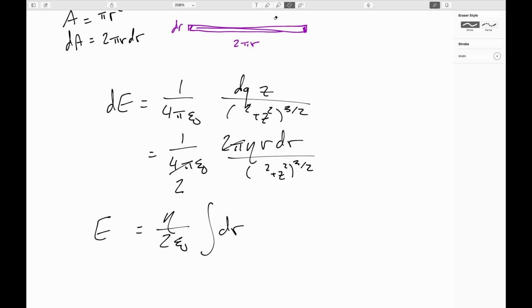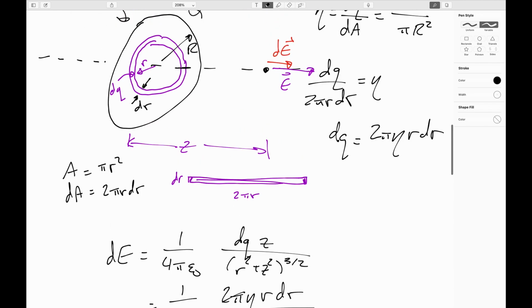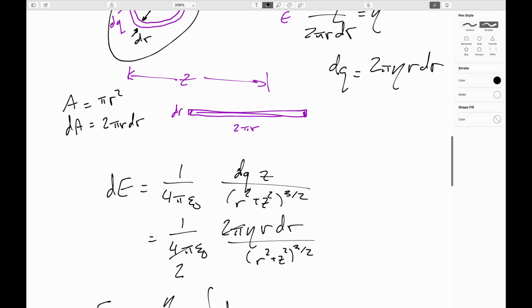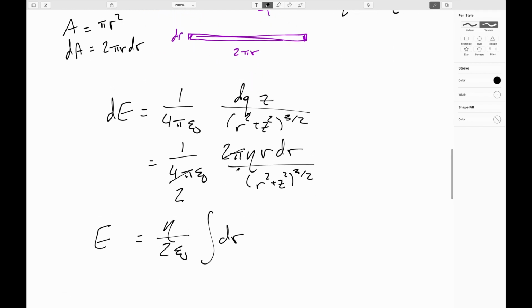My apologies. And the reason this should be a little r is because it's the radius of the current ring we are integrating. There we go. So we are integrating with respect to r, r over r squared plus z squared to the 3/2 power. And our limits of integration will be 0 to big R, the radius of the disk.